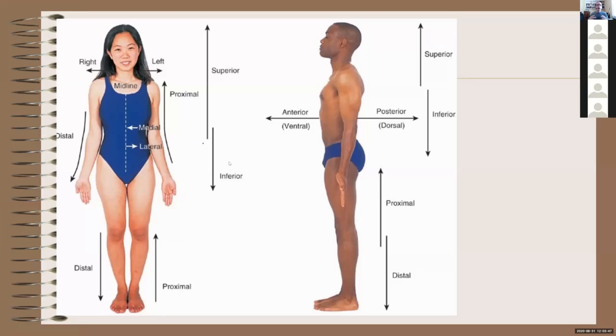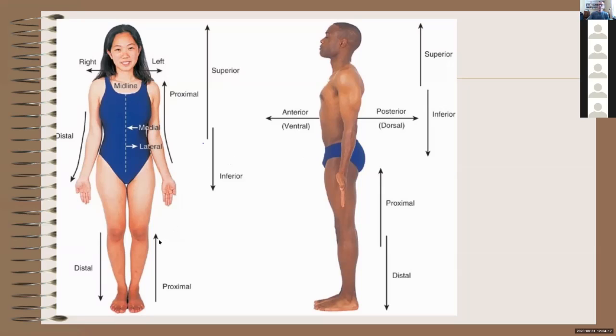So we have to have words that take into account where the body is in relation to other body parts, irrespective of the direction the body is pointing or facing. So superior is always this way, inferior is always this way. Lateral is always this way, medial is always this way. Medial is this way, lateral is that way.